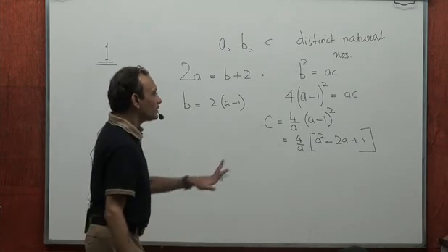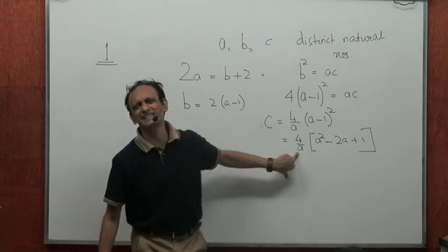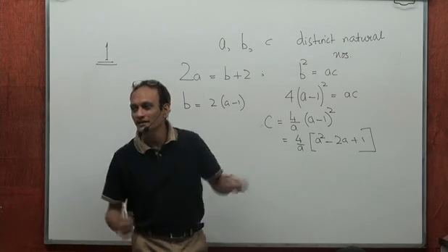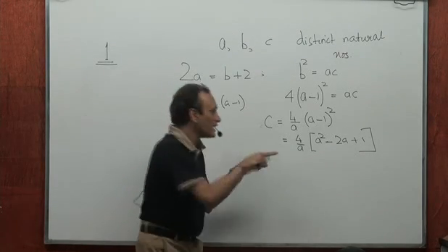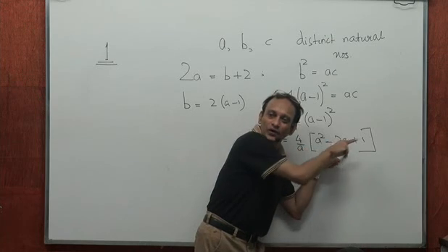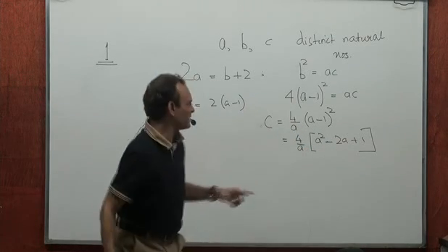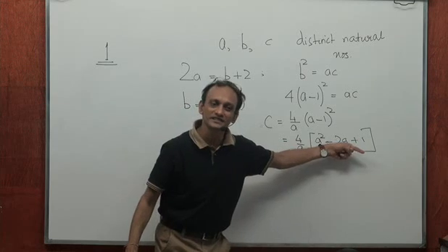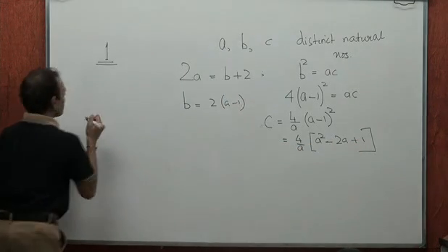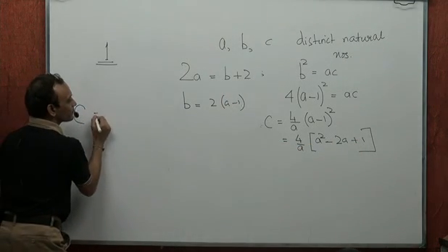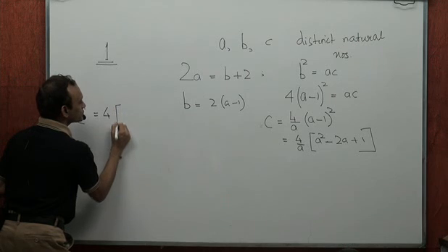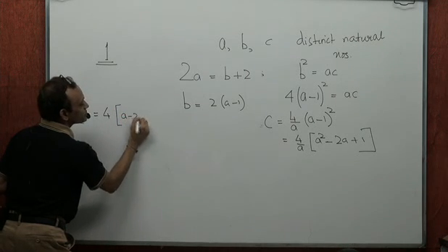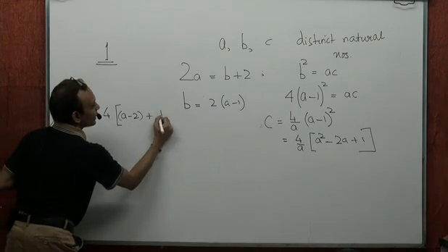All right, let me see, this a is sitting isolated outside. Let me give it a little push, allow it to go in. Let's do that, right? Because with this 4, it's looking like an odd man out. When I push it in, then c becomes 4 into a minus 2 plus 1 by a.